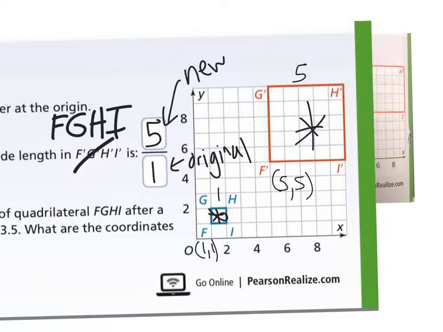You might be doing the opposite of what you actually intend to do. And when we get our scale factor, if our scale factor is more than 1, that means that we're enlarging the figure. If the scale factor is less than 1, that means we're reducing or shrinking the figure. Okay, so think about that when you get your answer. Get your answer and then think about, did it enlarge or did it shrink from what it was originally?